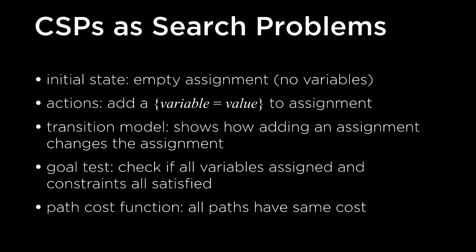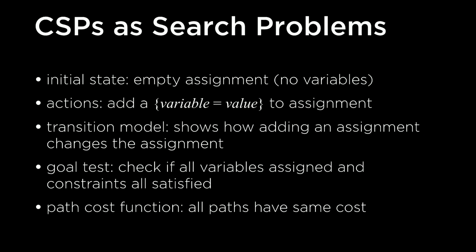And the transition model just defines what happens when you take that action. You get a new assignment that has that variable equal to that value inside of it. The goal test is just checking to make sure all the variables have been assigned and making sure all the constraints have been satisfied. And the path cost function, sort of irrelevant.